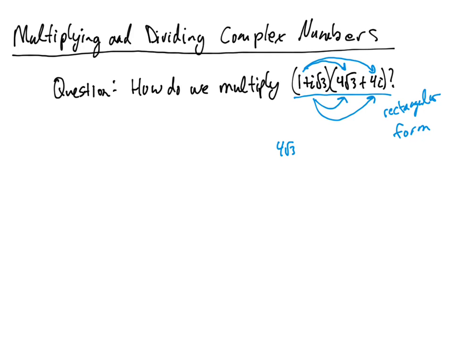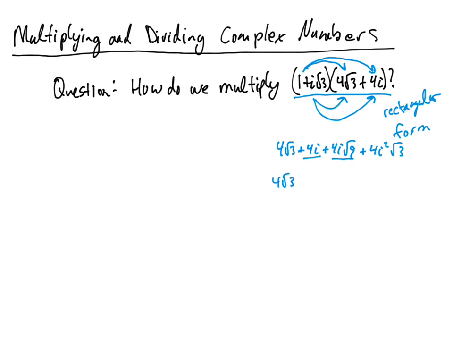1 times 4i is plus 4i. i root 3 times 4 root 3, we get plus 4i square root of 9, and then plus 4i squared square root of 3. Then we can do some simplification. 4 square root of 3, we have 4i plus 4i root 9.